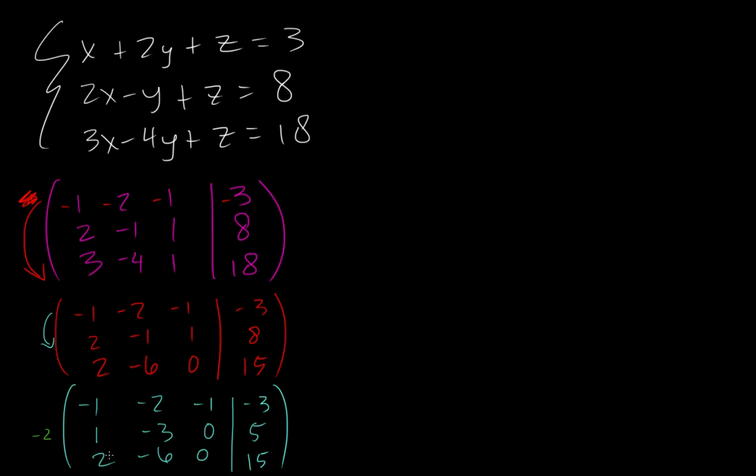Negative 2 times 1. Okay. So that multiple, I'll just write it right here. So that's negative 2, positive 6. Uh-oh. It's going to give us a 0 there as well. And we don't want that.